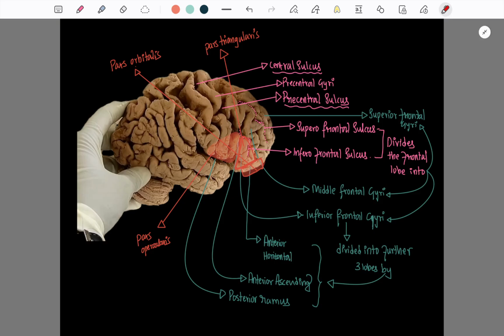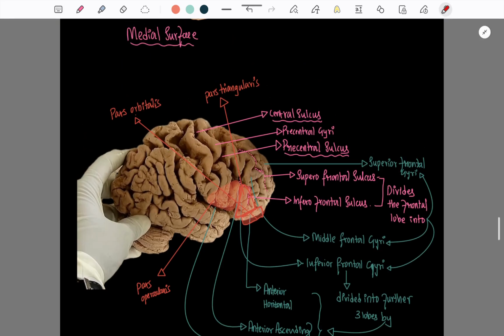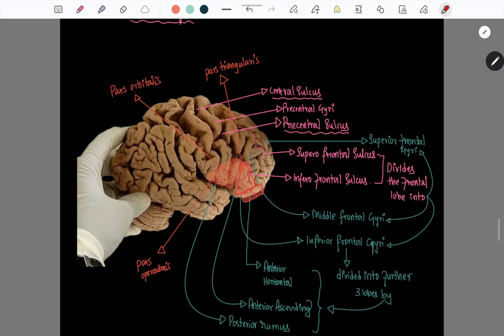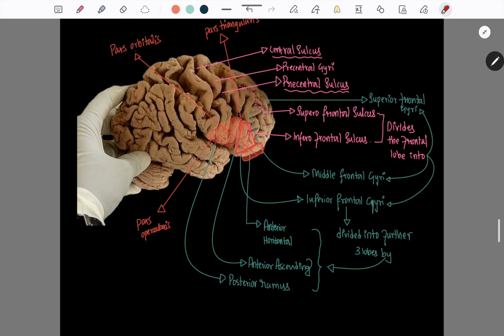by the branches of the lateral sulcus. We said, right, 3 branches. What are these? Anterior horizontal, anterior ascending, posterior ramus. By these only, the inferior frontal gyrus is divided into 3 parts.